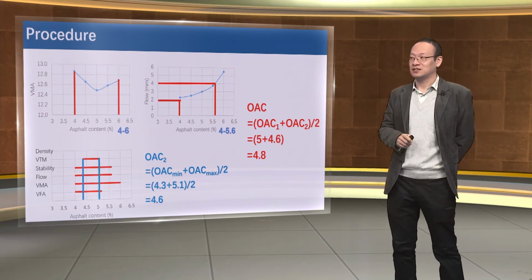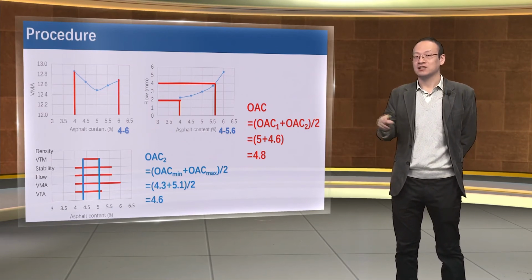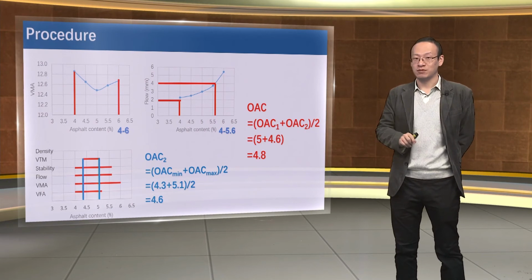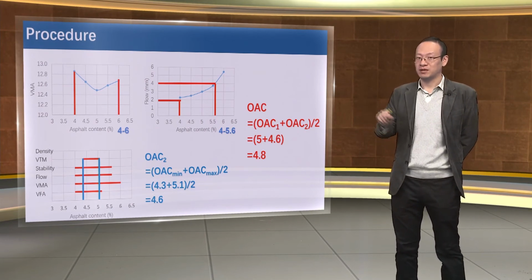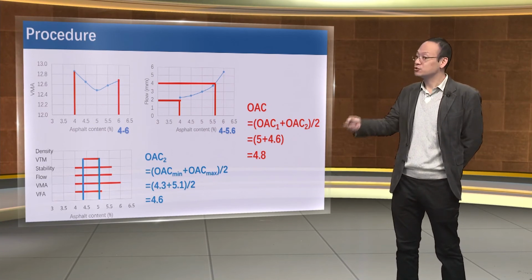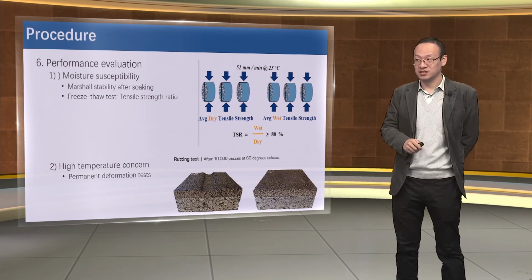But that's not the last. We also need to check the performance of our design mixture to make sure it meets the requirement of pavement performance. Usually, we will check moisture susceptibility and the high temperature concern.